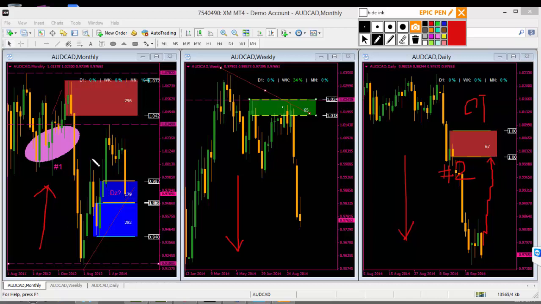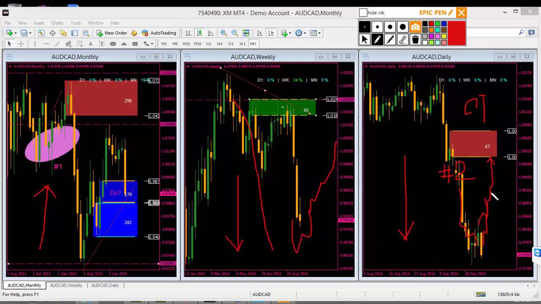most influence. Right? So if the monthly is an uptrend, the weekly will like to move down, become a downtrend, and then move down until it reaches the demand. Then you see the price start to move up. The daily does the same thing. The price will keep dropping until we reach the monthly demand.